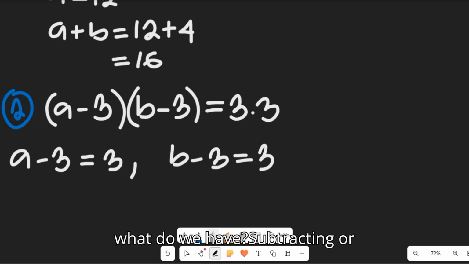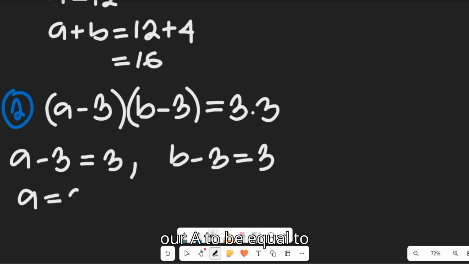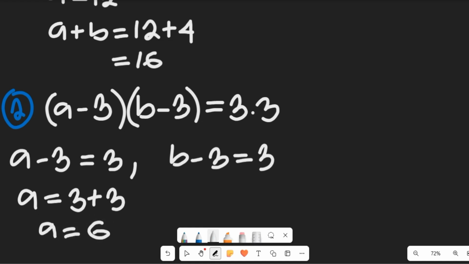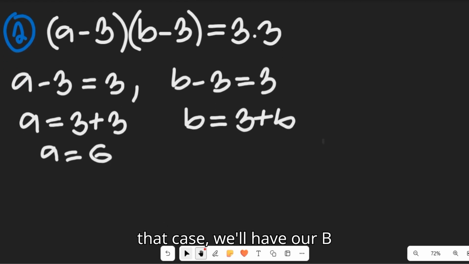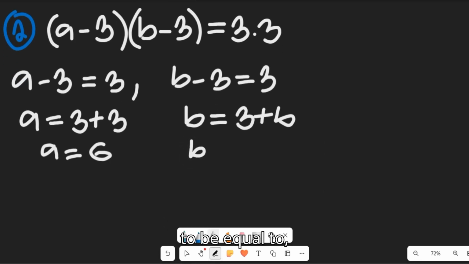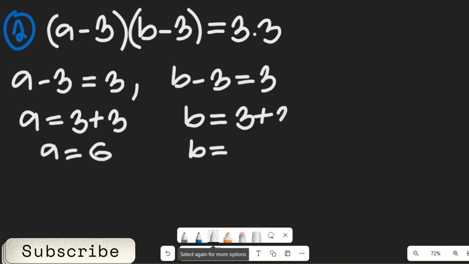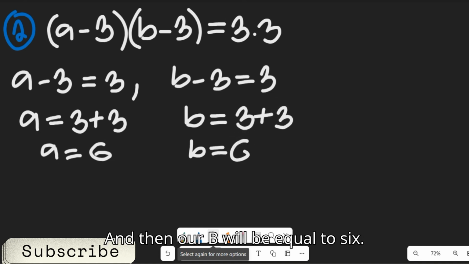So what do we have? Adding 3 to both sides, we'll have a to be equal to 3 plus 3, and this will give us a to be equal to 6. And over here, we'll have b to be equal to 3 plus 3, and then our b will be equal to 6.